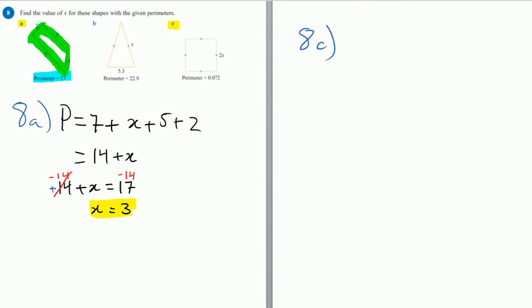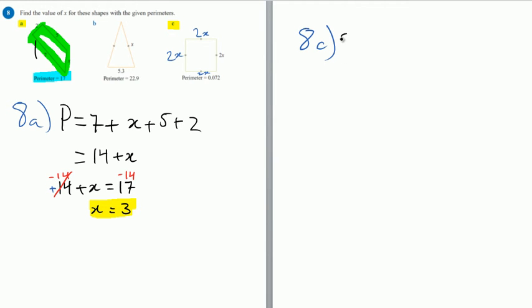In 8C we're told that this side here is 2x, and for the other sides we don't have a value. What we do have is 2 dashes through each side. As in question 7, when we have 2 dashes through each side, that means all sides are the same. So we have a square here, and this side is also 2x, this side is also 2x, and this side is also 2x.